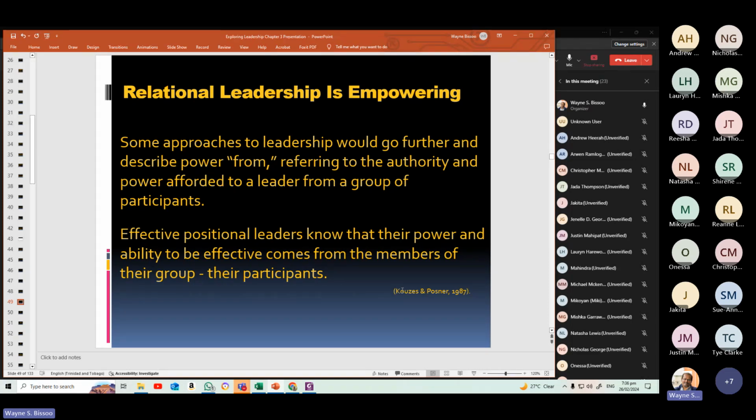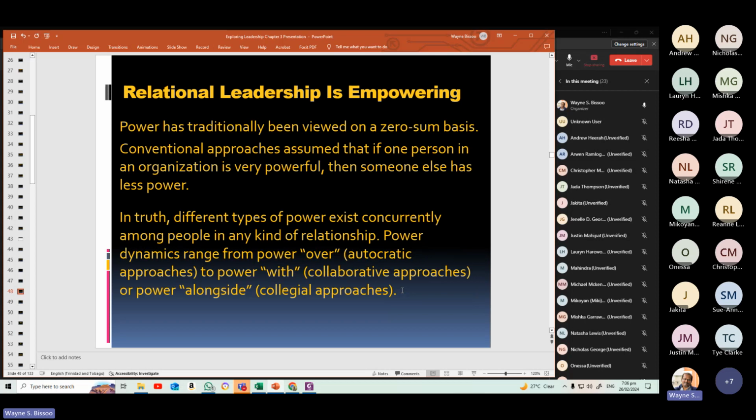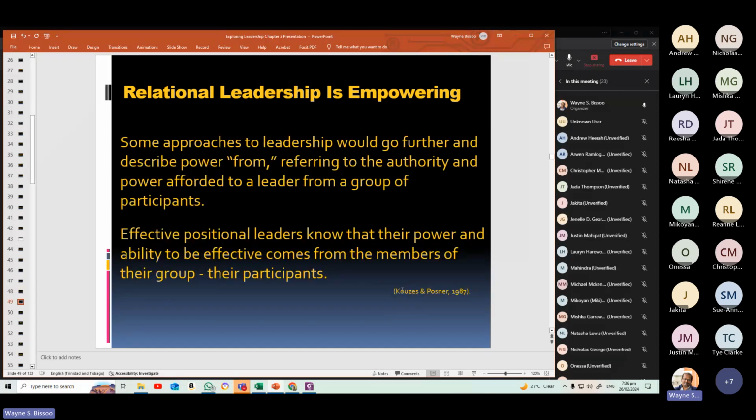What approach appeals to you most? Is it that you like the authoritative power, or would you embrace and encourage more collegial and collaborative approaches to the use of your power? Now, as I said before, a lot of people view the all or nothing approach. I have all the power, you have none.